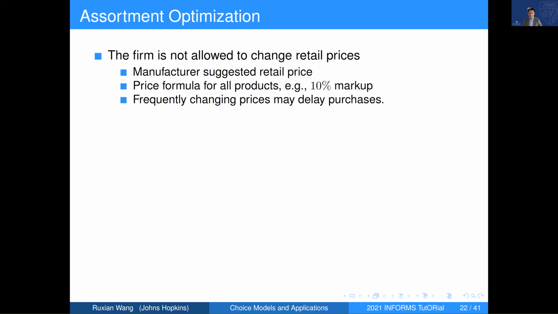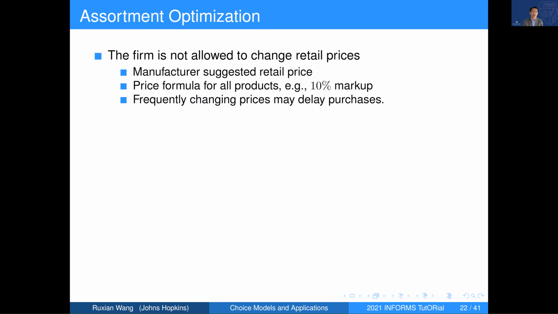And then we move to assortment optimization. In assortment optimization, we consider some scenarios where the firm is not allowed to change retail prices. If you want to sell this product, you've got to charge the manufacturer suggested retail price.